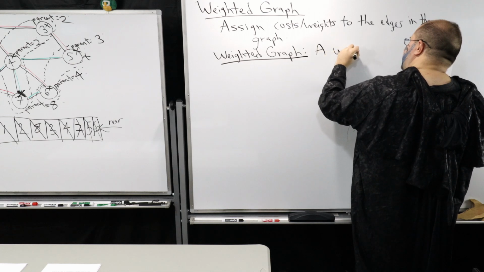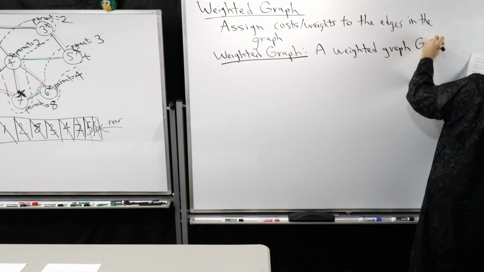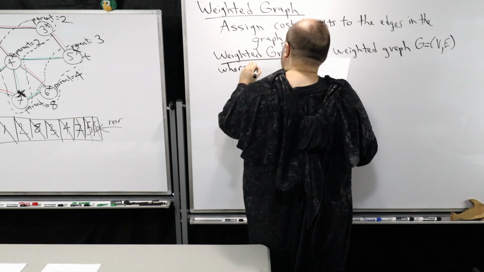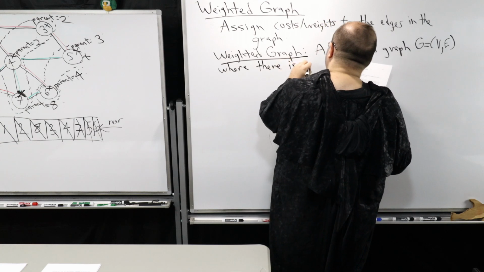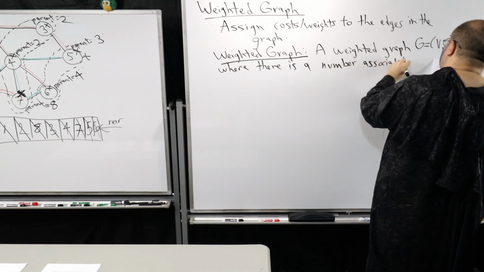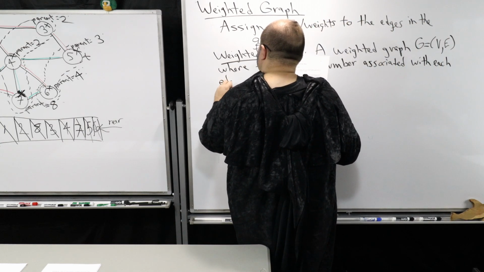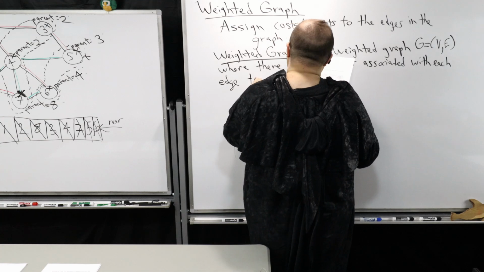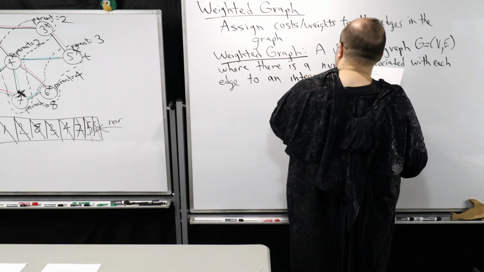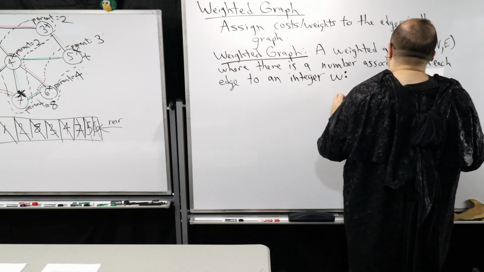So a weighted graph, G, is equal to the pair V, E, where there is a number associated with each edge, to an integer w.